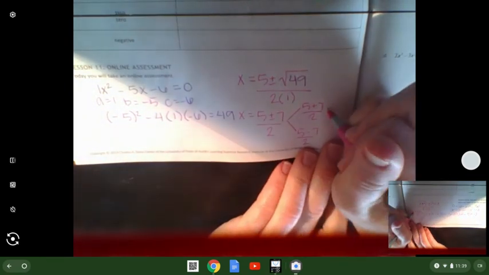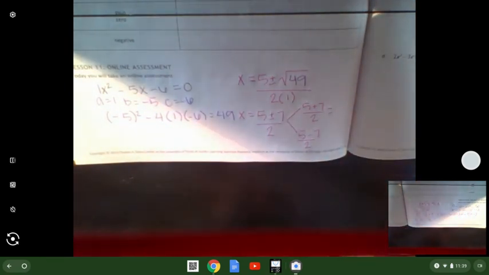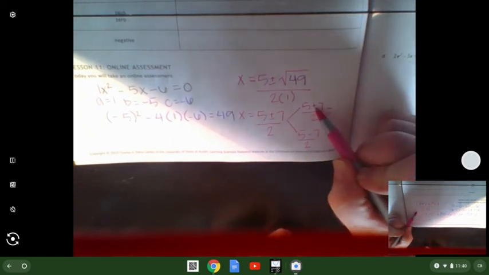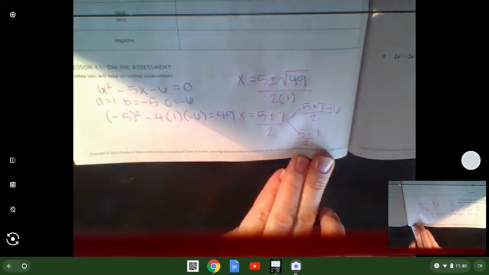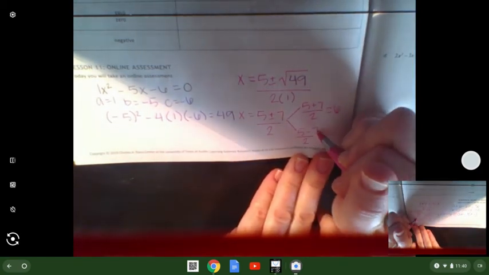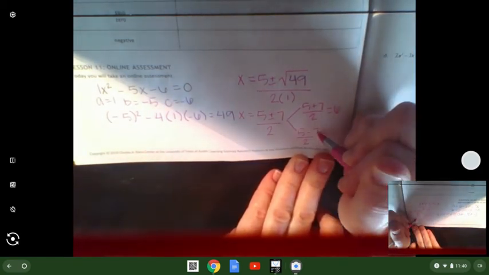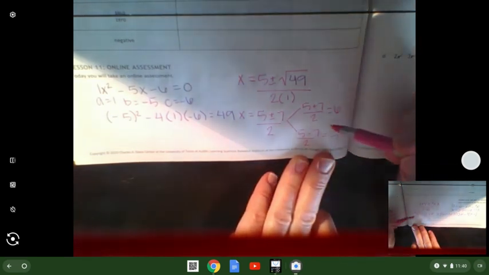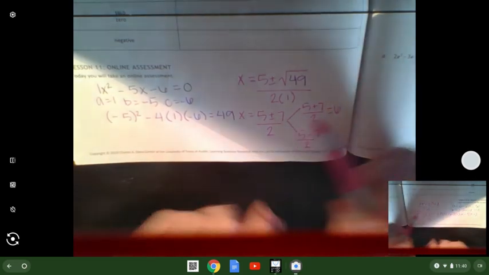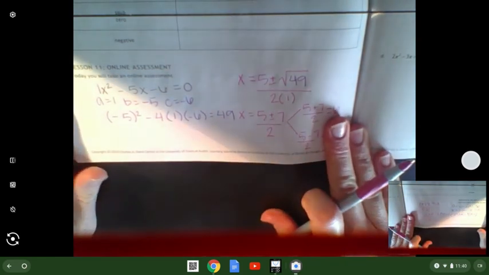Now, as you simplify this in your calculator, remember to hit enter after you add. 5 plus 7 is 12. Divided by 2 is 6. There's one solution. 5 minus 7 is -2. And -2 divided by 2 is -1. In this case, we got 2 solutions because we had a positive discriminant.